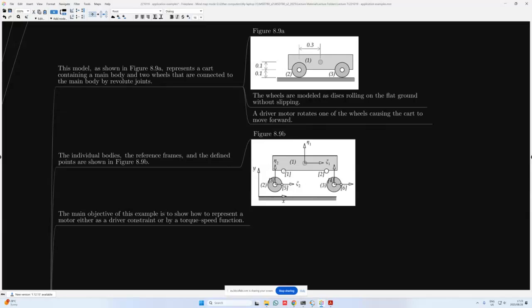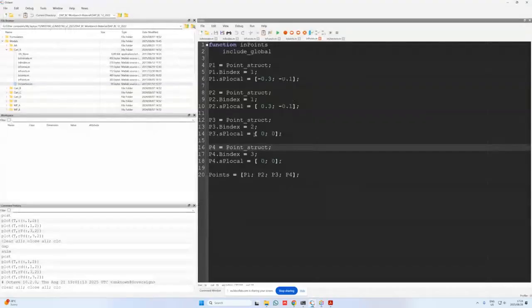In our case, we're going to focus on points 1, 2, 3, and 4 when we define them in the in points file. So points 1 and 2 are specified on body 1, point 3 is specified on body 2, and point 4 is specified on body 3, and all of their local coordinates are also given over here.